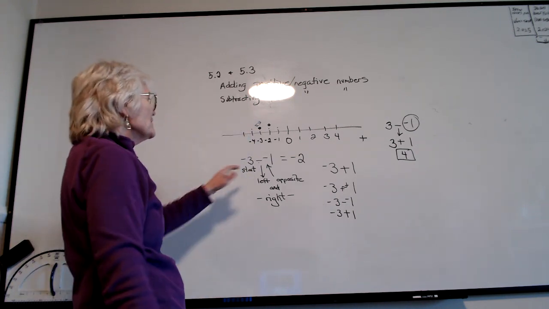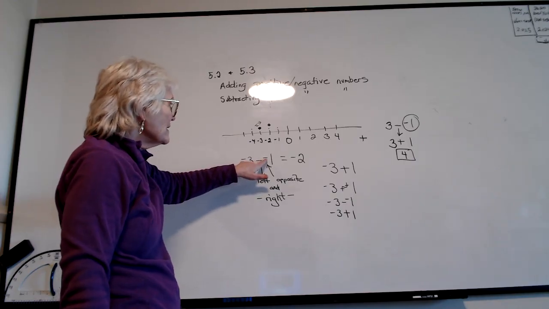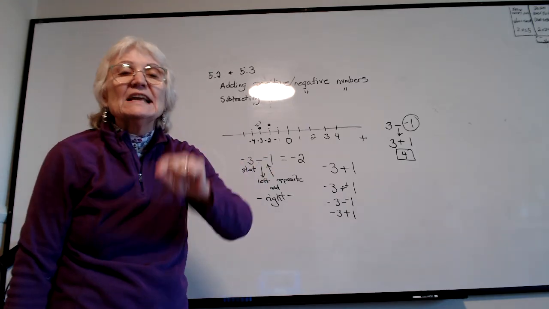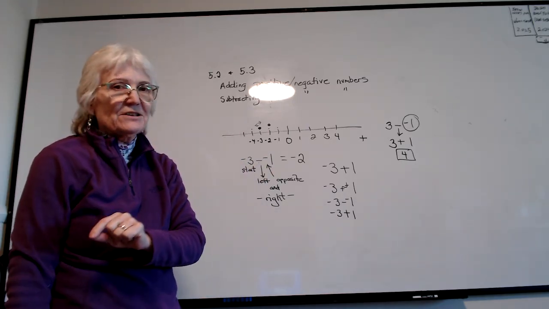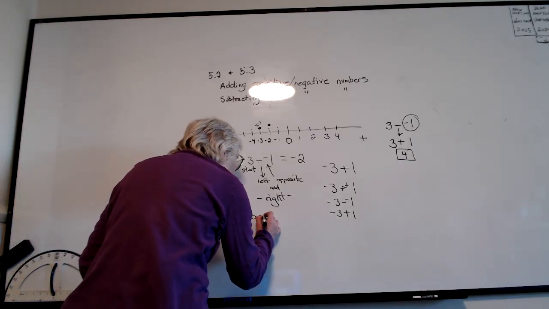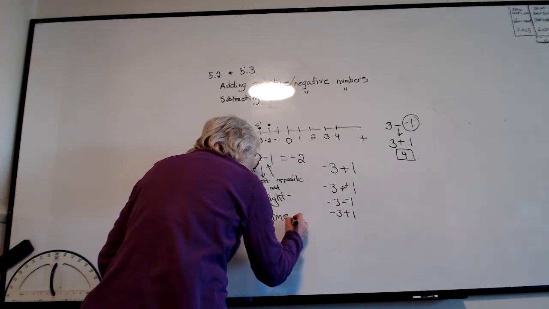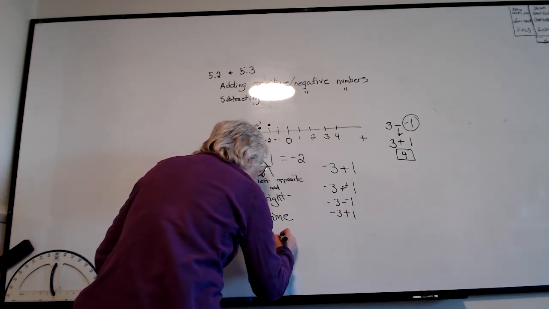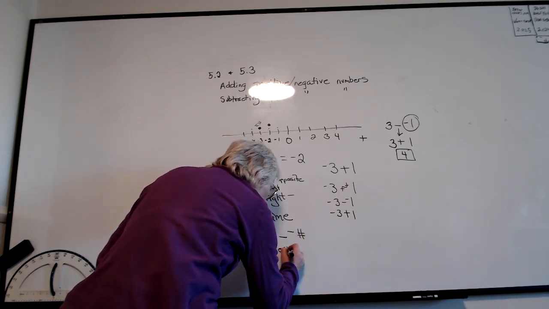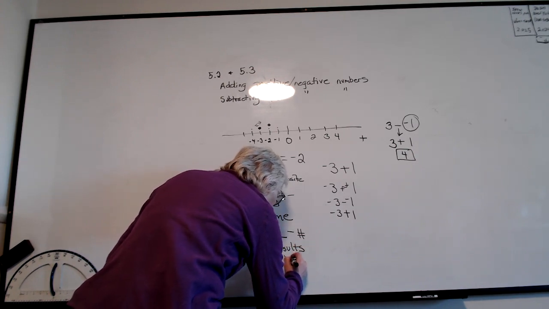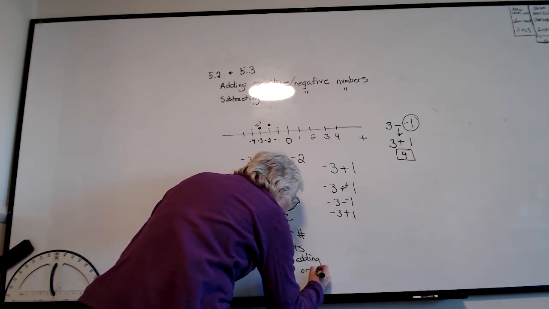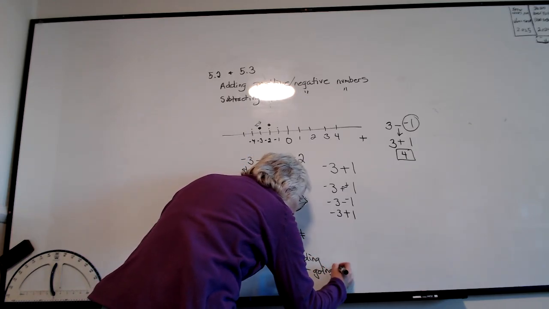Okay, so whenever you see a subtract a negative number, you're going to move in the right direction. So anytime it's a number minus a negative number, that results in adding or going to the right.